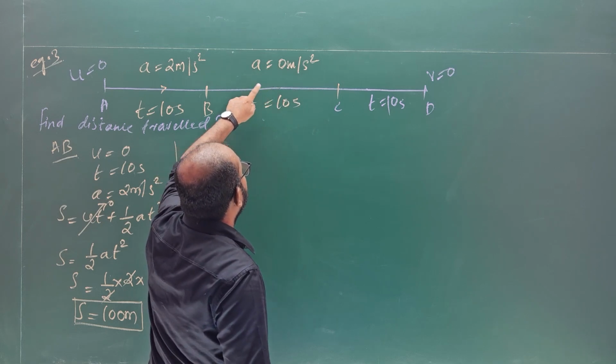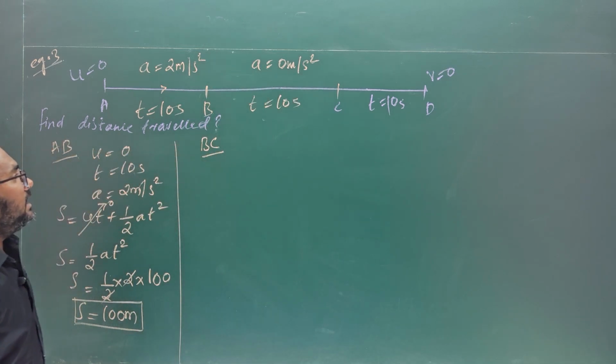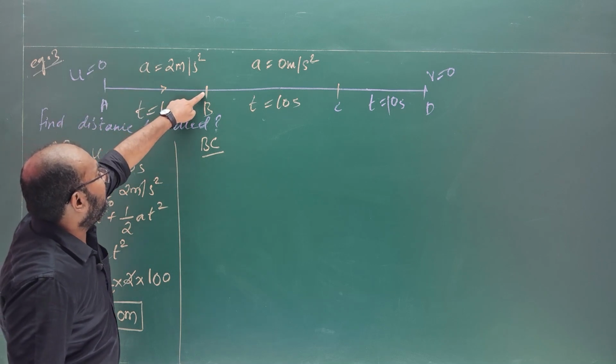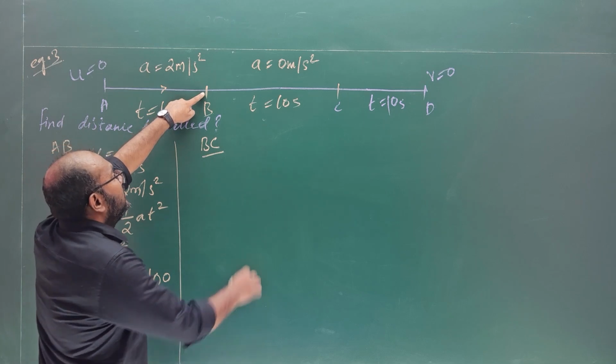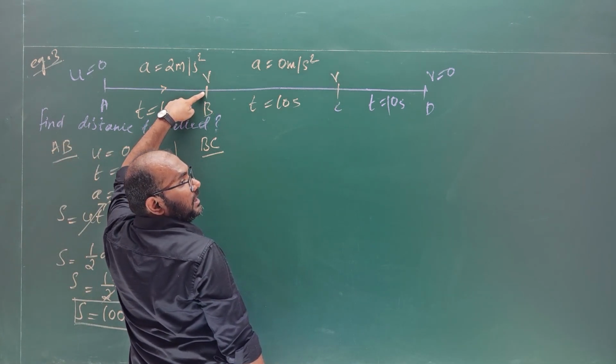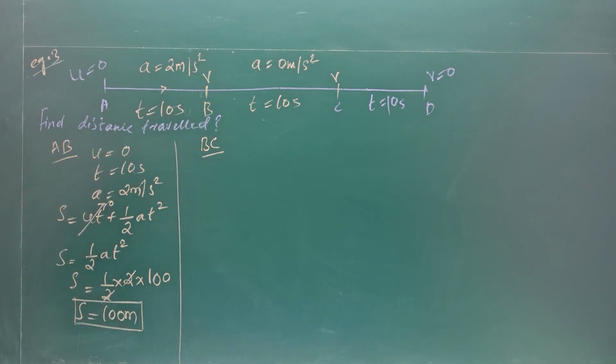That means we first need the velocity for this. Can I say that from A to B, initial velocity is 0. If I calculate the velocity at point B, from here to here, velocity remains the same. That is constant.